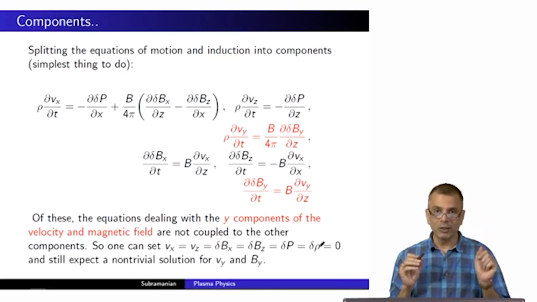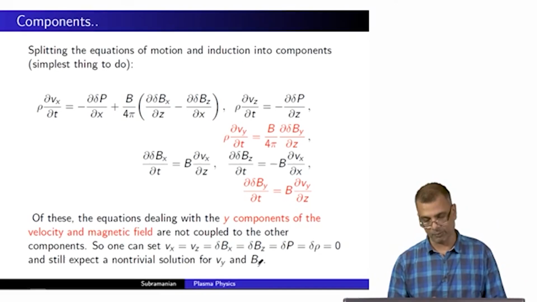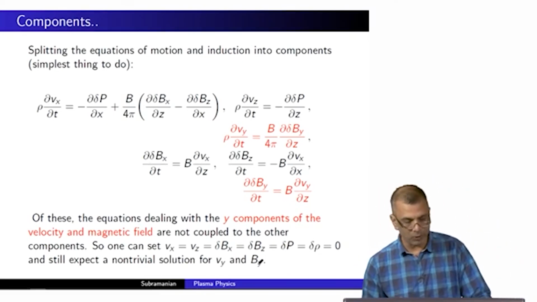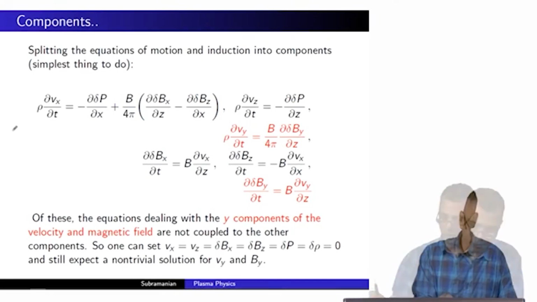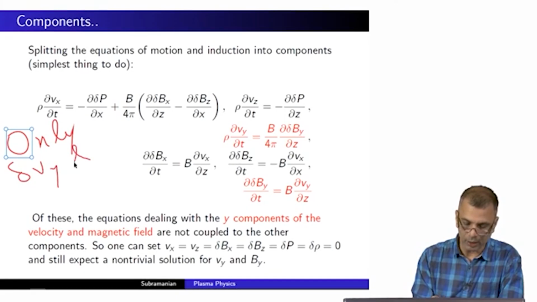And still you can expect a non-trivial solution for Vy and By. So this is also pointing to the fact that here we are concerned only with delta Vy and delta By.